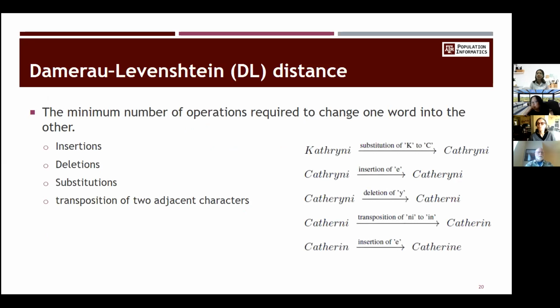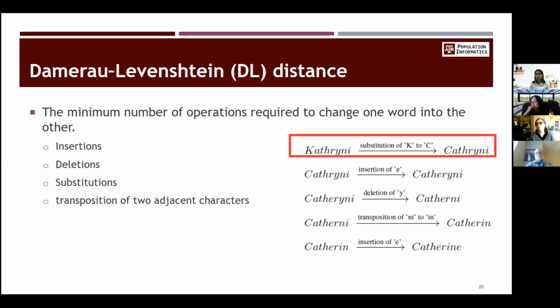The second distance is the Damerau-Levenshtein distance, or DL distance, which is the minimum number of operations required to change one word to another word. These operations include insertion, deletion, substitution, and transposition. For example, here, suppose we have these two strings and we want to change one of them to the other.